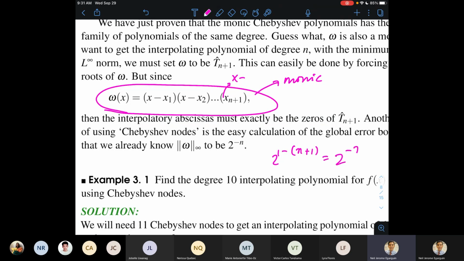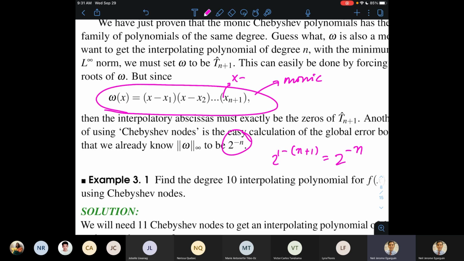So this would be 2 to the negative n. So kaya ang kanyang L infinity norm ay 2 to the negative n, and we are guaranteed that this is the smallest possible L infinity norm for omega. Okay, kasi yun yung L infinity norm ng monic Chebyshev polynomial, at napakita natin na yung monic Chebyshev polynomial yung may pinakamaliit na L infinity norm.